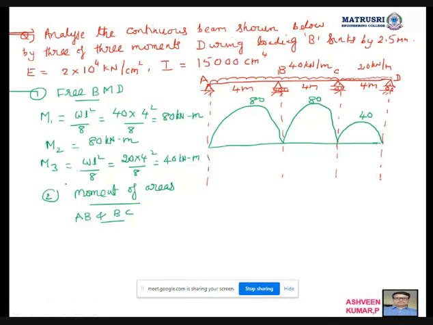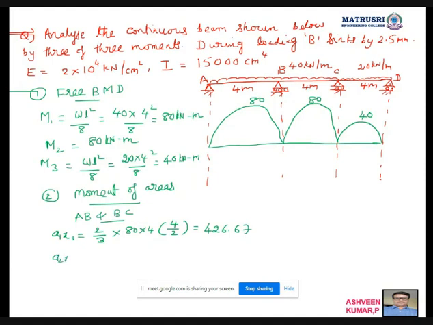So what is A1 x1? A1 x1 is equal to, because this is a parabola, 2 by 3 into 80 into 4. Centroid is 4 by 2. So 426.67.